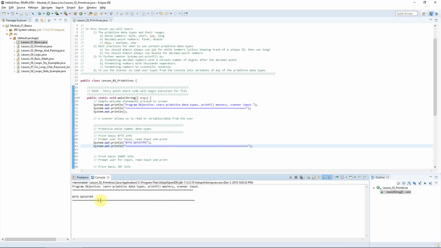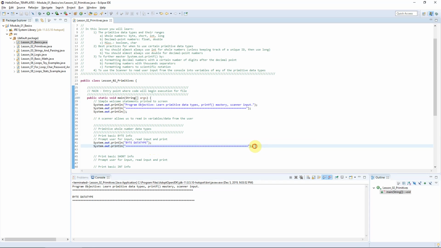So what I want to do now is represent and talk about how these data types are encoded and how many binary values these data types include. So I'm going to create an integer, and I'm going to say int numBits is equal to 8.